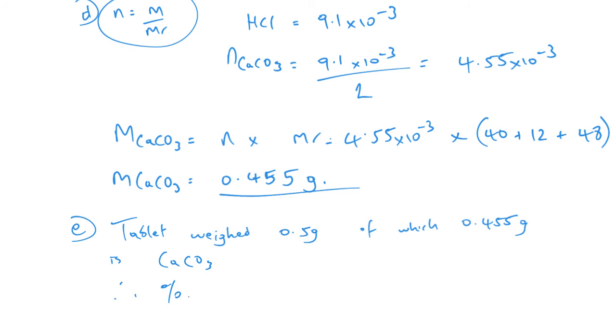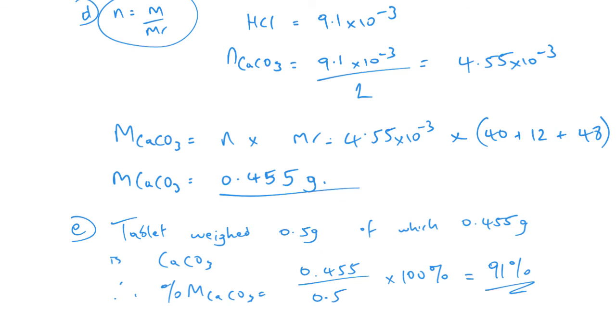Therefore, my percentage mass of calcium carbonate is going to equal 0.455 divided by 0.5 times 100%. Then we're going to use a calculator to do that. And that is going to give me a percentage of 91% purity.